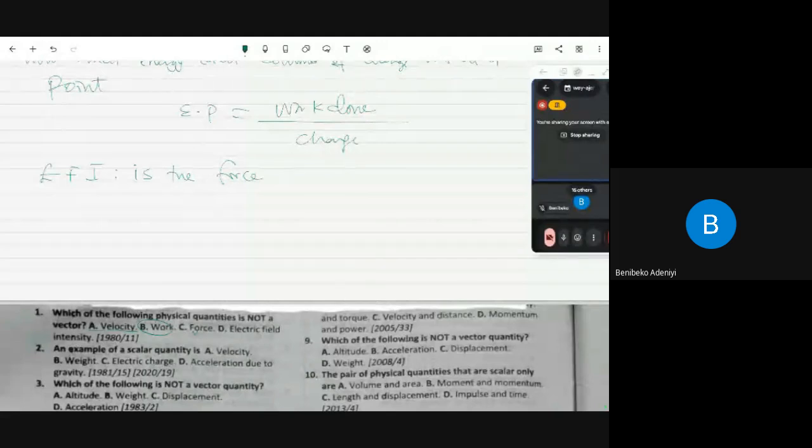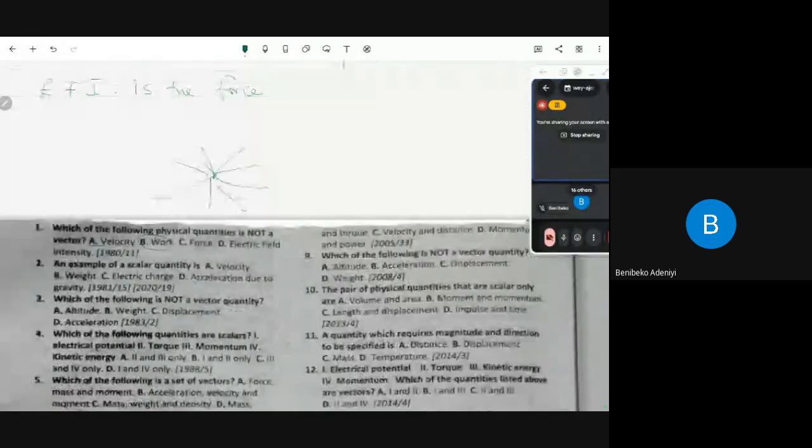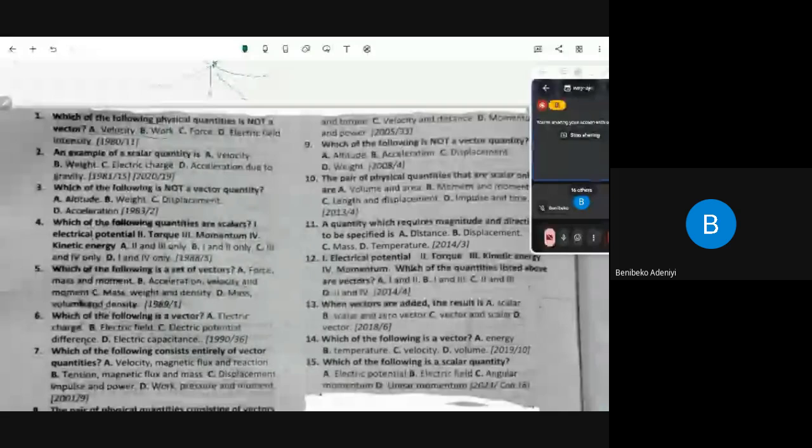What force does a positive charge placed at a point experience? That is electric field intensity. How intense is it? From the word field intensity. And in fact, when we talk about field, it's not just one point. So electric field intensity is a vector again. So the answer here is work.